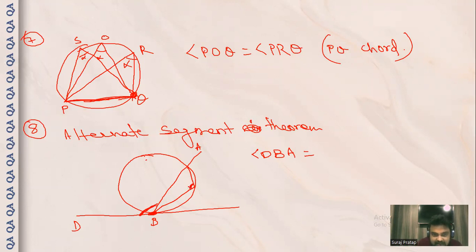If I am pointing this as C, then angle DBA will be equal to angle ACB. And this is a very important theorem, guys. CAT has asked questions on this particular theorem twice.